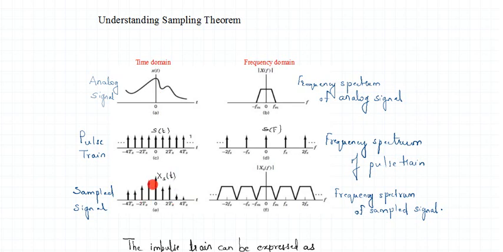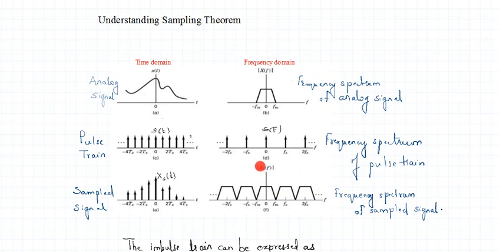If this is the frequency spectrum of the CT signal, then what is the effect of sampling on the frequency spectrum? If we sample the CT signal and make it discrete, we observe that the frequency spectrum becomes periodic, and this is what we mathematically proved: why we get a periodic repetition of the spectrum. That is what we proved. How do we get this?